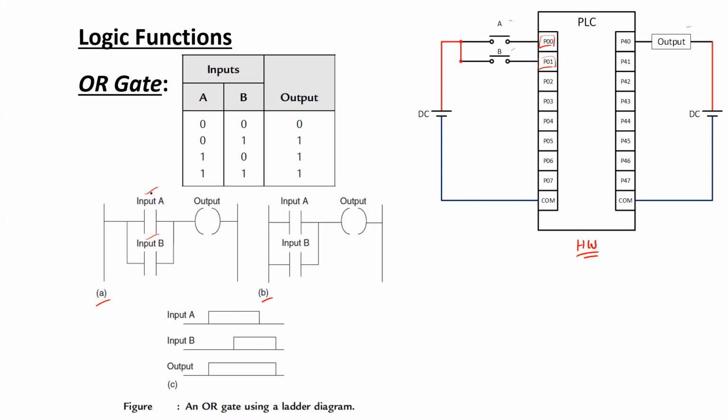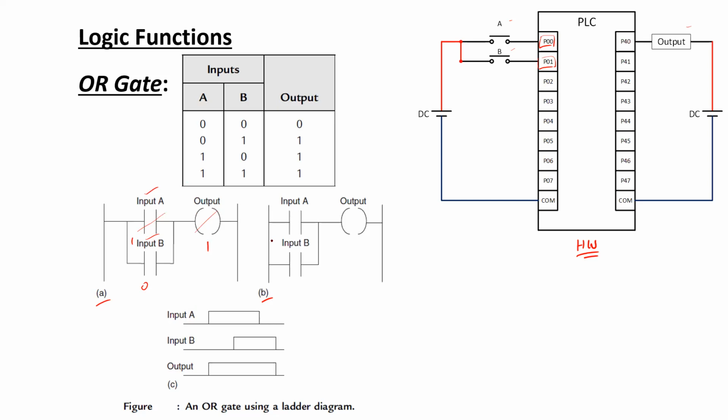And if there is a transition according to the diagram, let's say if this contact is getting a transition, it is becoming closed, then the path for the output will be completed and the output coil will have a signal. So it will be a high signal in this case. In this way, different combinations can be checked as well.